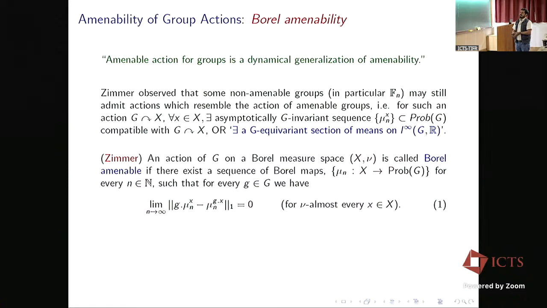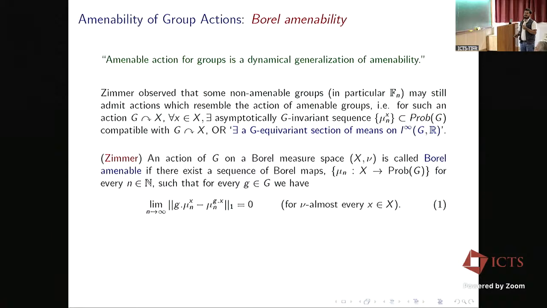So this definition tells us that if we are looking at a Borel measure space (X, nu) and G is acting on that, then we call it a Borel amenable action if we find a sequence of maps mu n, which assigns for each element x in capital X a sequence of probability measures in G. And this assignment follows this condition.